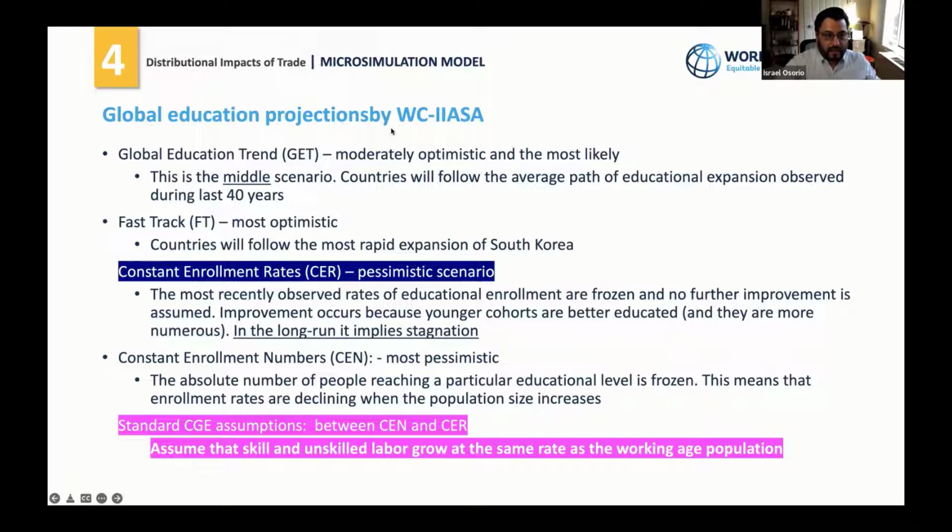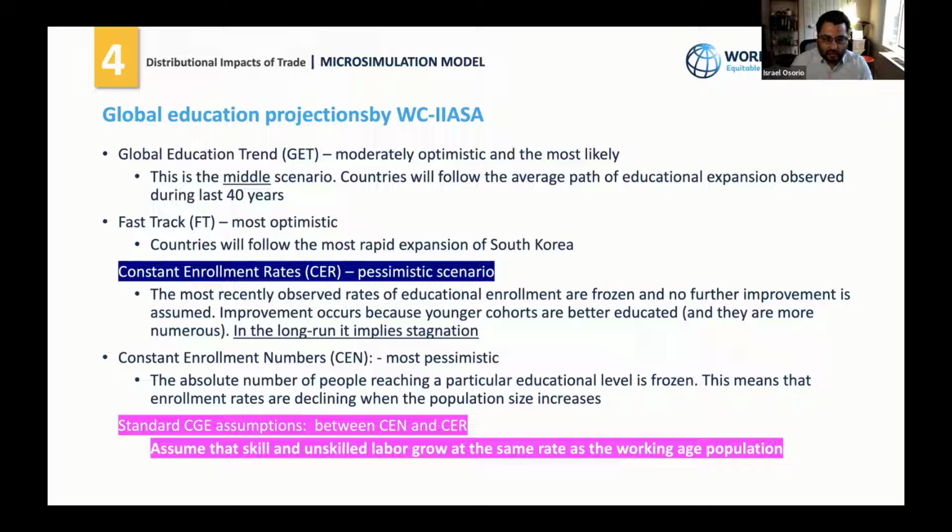I just put this slide to show you that the constant enrollment rates, that is the long-term assumption on education, brings more education than the standard CGE assumption. The standard CGE assumption is between the different levels of the global population projections that is done by IIASA.